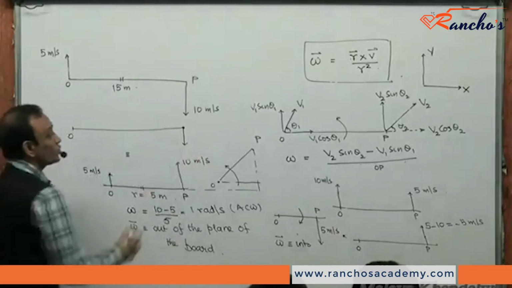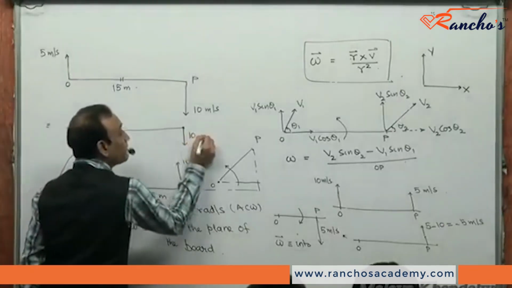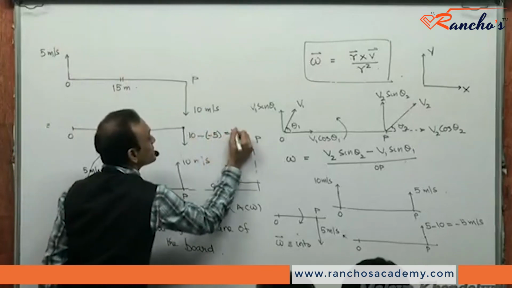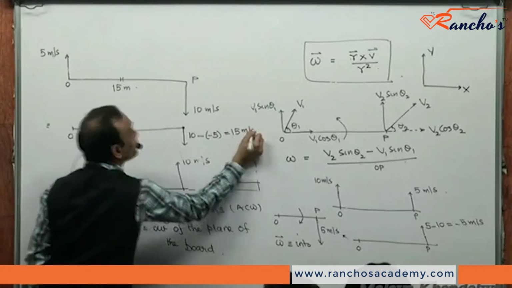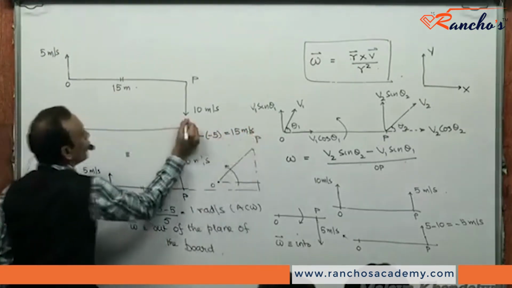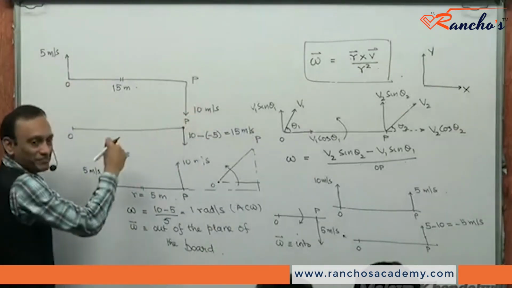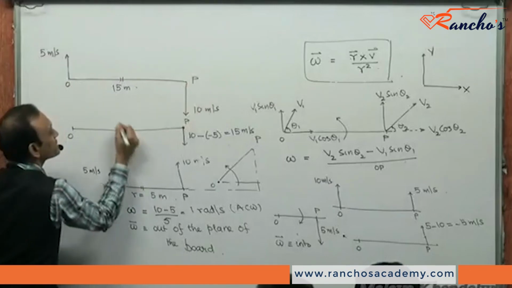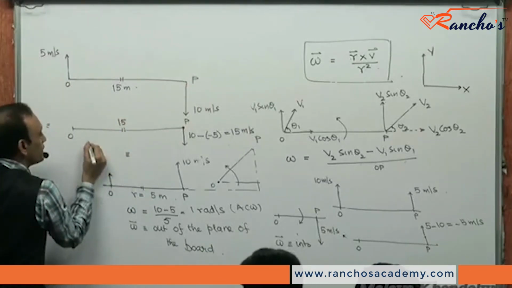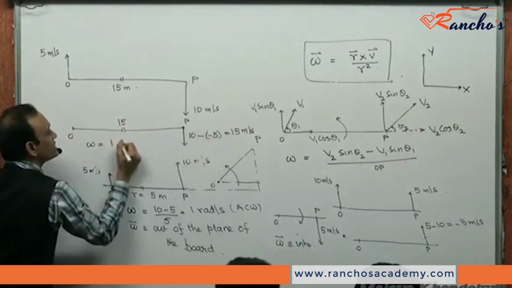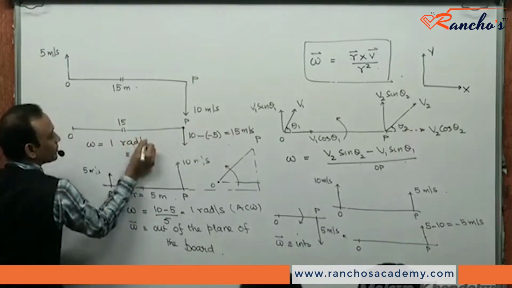It's going to be velocity of P, 10, minus velocity of O, which is minus 5, which is 15 meters per second, perpendicular to OP. This time these velocities are getting added up, right? And if the separation is 15 meters, what would be my omega? Omega would be 15 divided by 15, which is 1 radian per second.